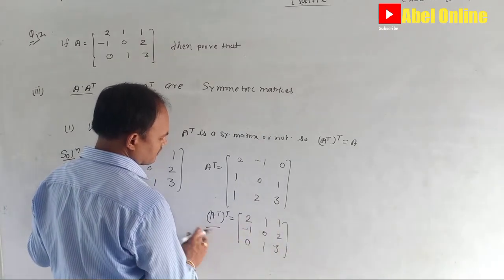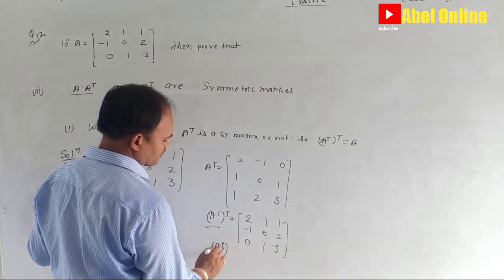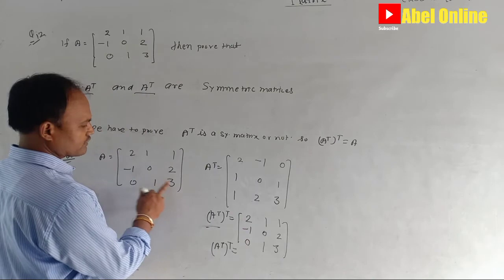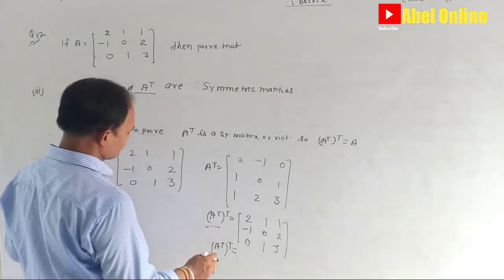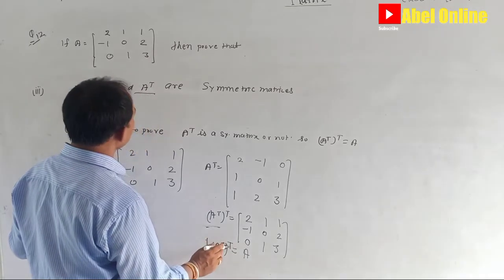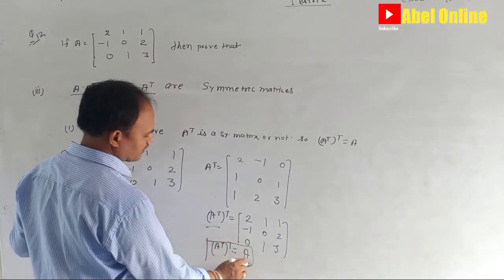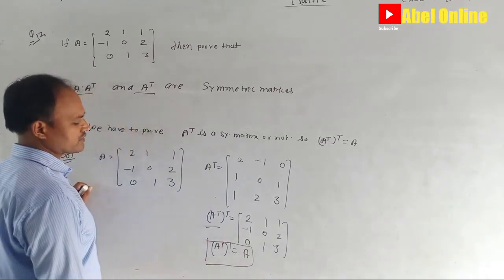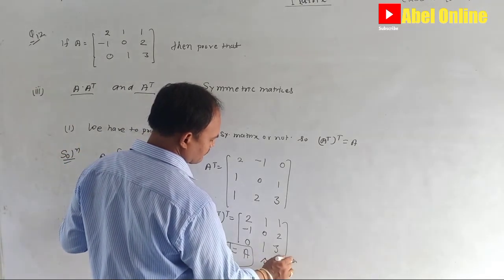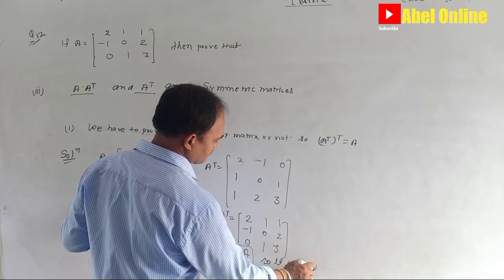Is it A? A transpose to the transpose equals A, which is 2 1 1, minus 1 0 2, 0 1 3. Okay, it is the same. So A transpose to the transpose equals A, and we can say that it is a symmetric matrix.